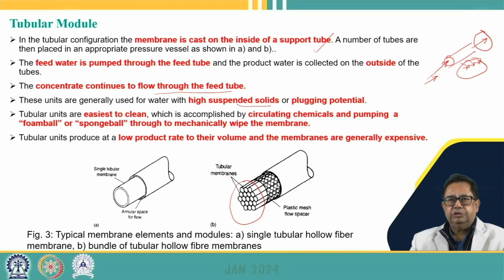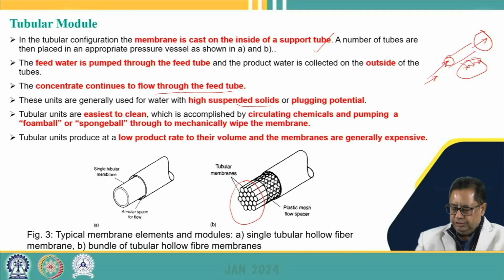These units can be used for water with high suspended solids, which has a higher plugging potential. So such tubular modules can be used for treatment of water which contains a very high amount of suspended solids. The tubular units have the advantage that they are very easy to clean.